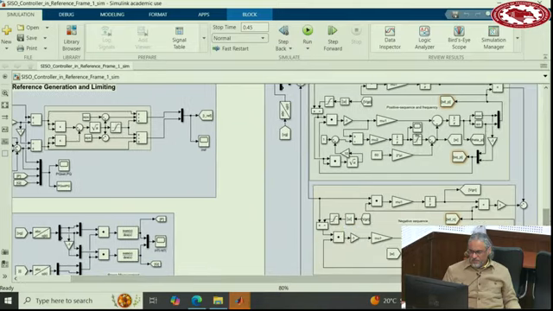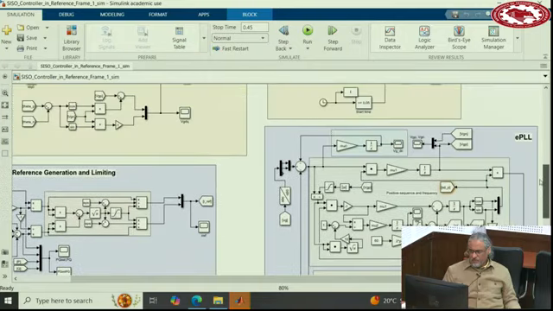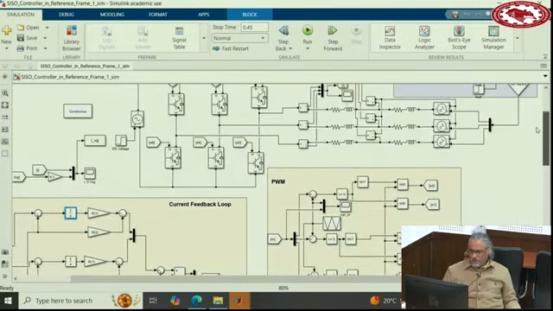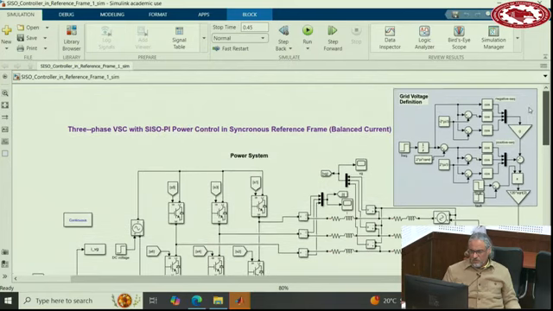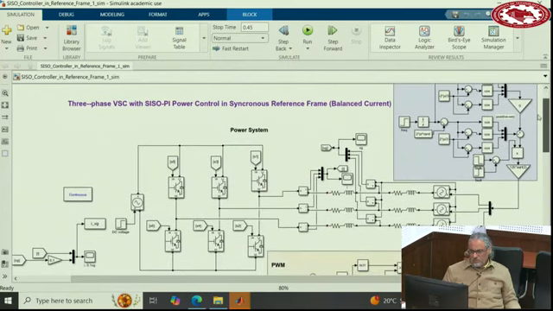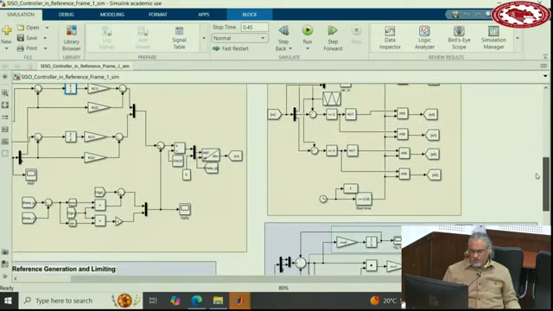PLL is the same as before. Same thing. I think this is the CISO.